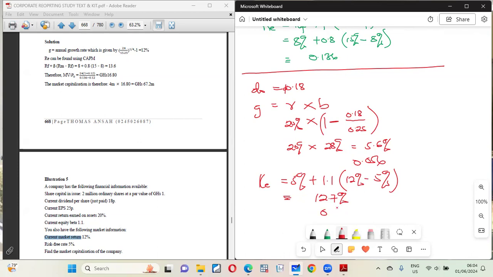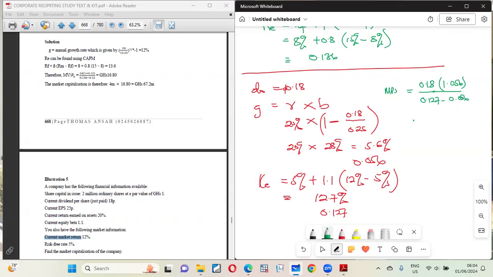Now that we have everything, we just put them into our formula for finding the market price. MPS will be given by D0, the dividend they just paid, 0.18, times 1 plus G, over KE minus G. KE is 0.127. We found G to be 0.056, so 1 plus G is 1.056, minus 0.056.